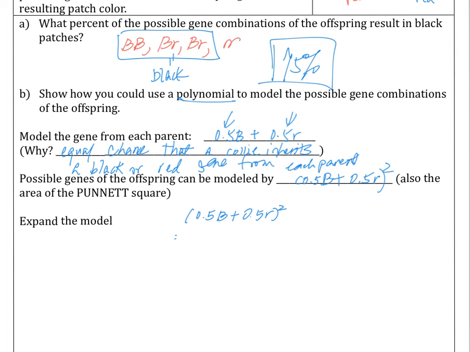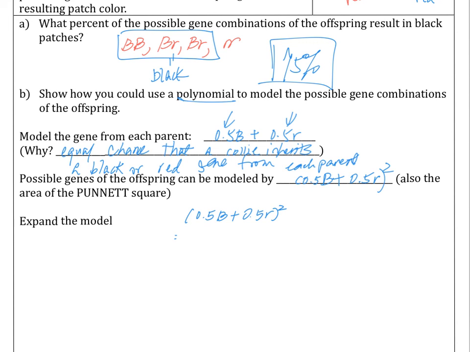Now, what does this mean? This means that 25% of the dogs will get black patches, and this means 50% will be black as well, and this means 25% we get red patches.